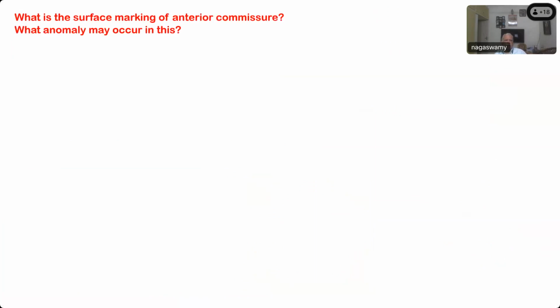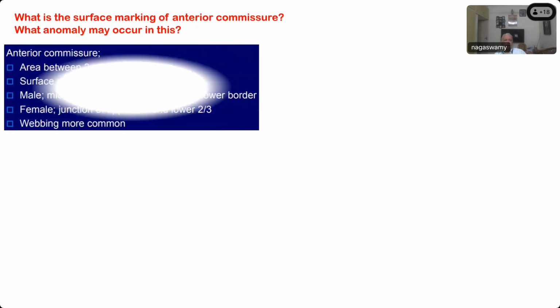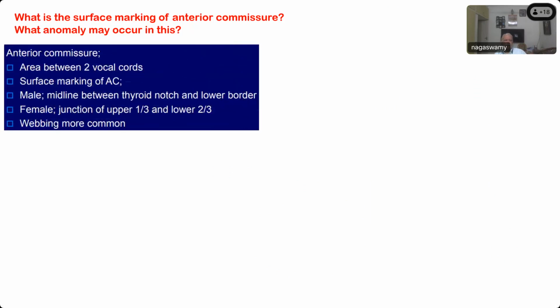What is the surface marking of the anterior commissure and what anomaly may occur in this? Already I showed you the picture where it is attached to the thyroid cartilage in the midline. So how do you mark it on the surface? Thyroid prominence.